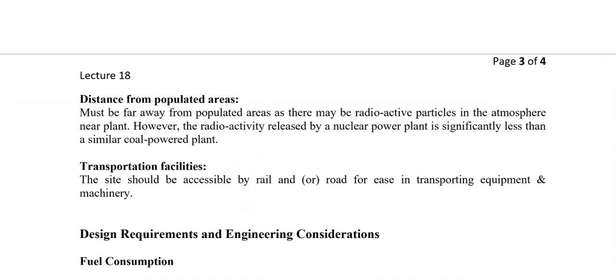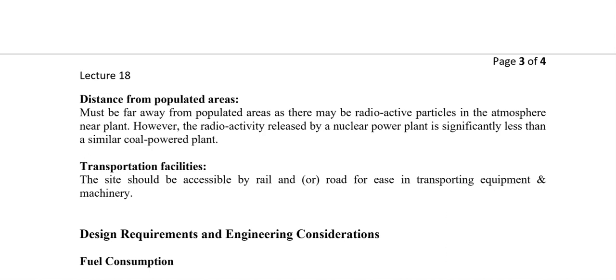Distance from populated areas: if something happens in a nuclear power plant, it should not damage the populated area, so it must be far away from it, as there may be radioactive particles and radioactivity in the atmosphere.